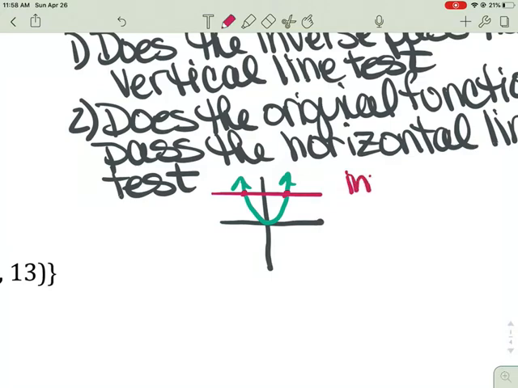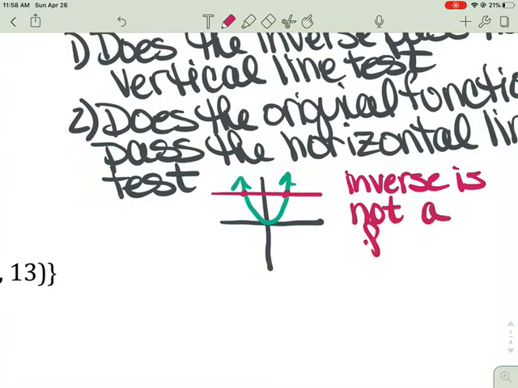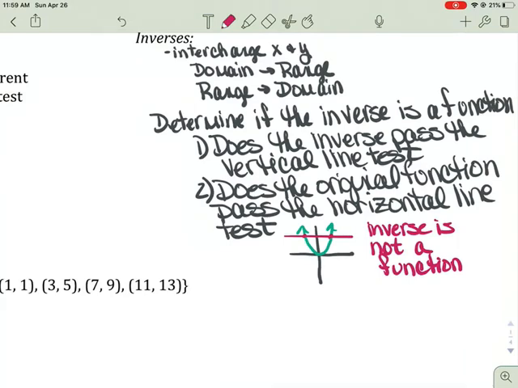So that means that the inverse is not a function. So if the original does not pass the horizontal line test, that means the inverse is not a function. Or you can graph the inverse and see if it passes the vertical line test.